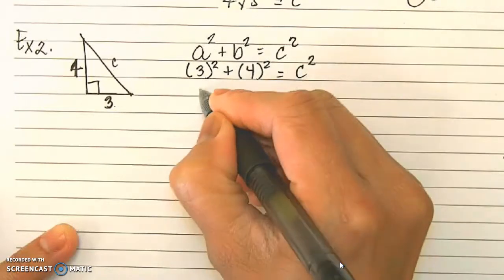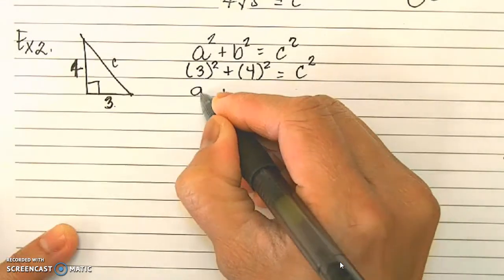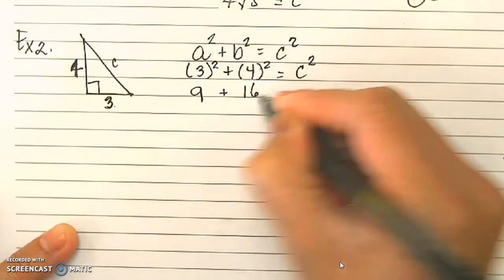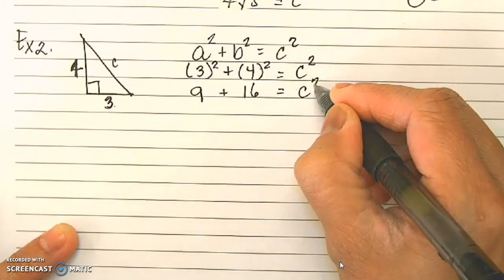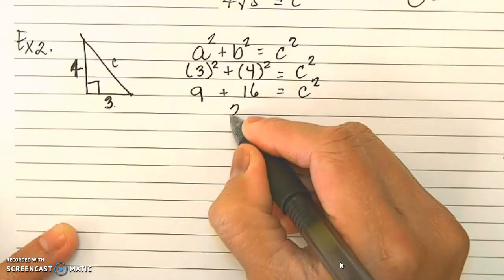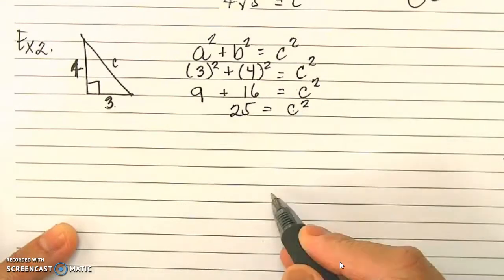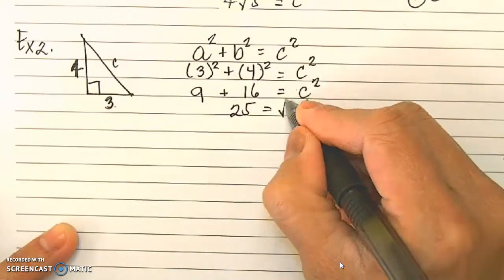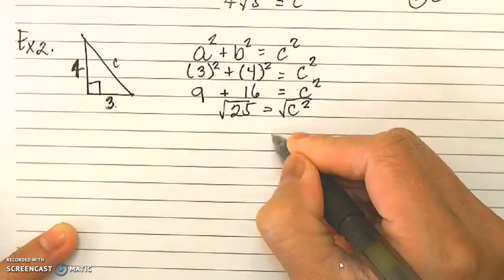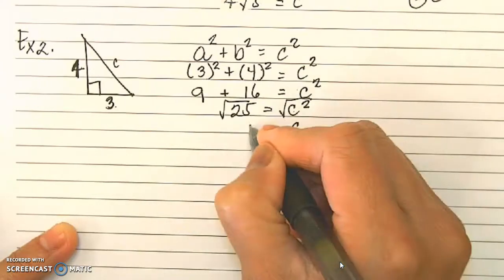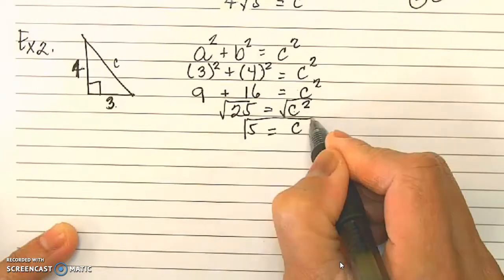And that is a 9, and this is a 16. That's still a c squared. This is 25 equals c squared. And we're looking for c. So that's going to be square root. Your c is a 5. So that's the value of c.